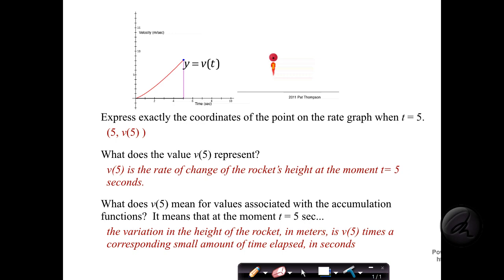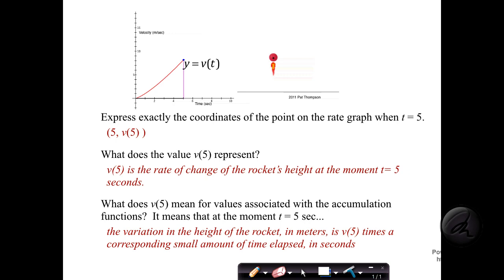So the variation in the height of the rocket, if I'm looking just in a small moment so that I can use these differentials, these small changes in the variables that we treat as essentially, we use them if we're talking about a constant rate of change, like the dy and dt here. If I let t vary by just a little bit, dt, then y, the height, will vary by just a little bit also.